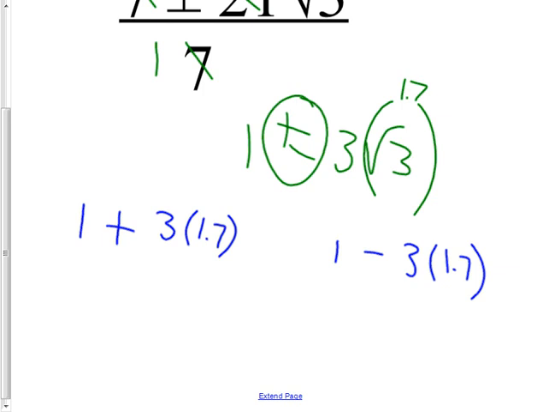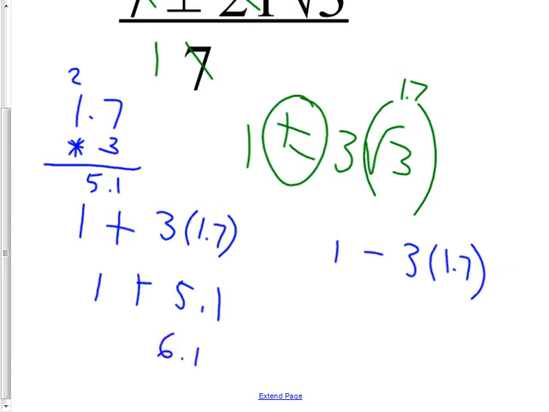In case you've forgotten how to multiply, 1.7 times 3. 7 times 3 is 21. 1 times 3 is 3 plus 2 is 5. And then it's not 51, of course. 5.1. So 1 plus 5.1. How many were able to do the 5.1 without me? Okay, good. 1 plus 5.1, 6.1. Over here, 1 minus 5.1 is negative.